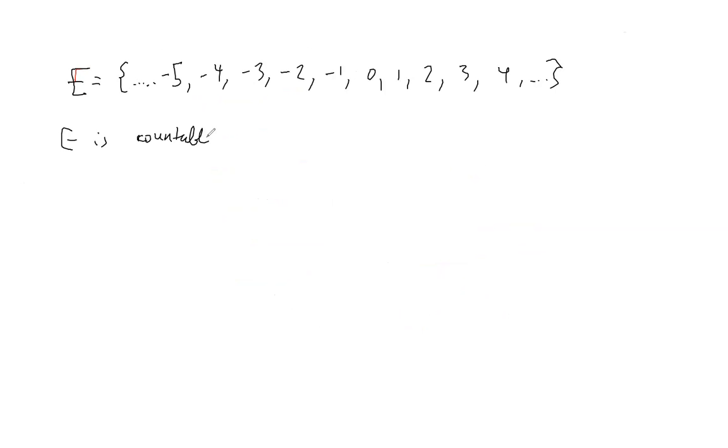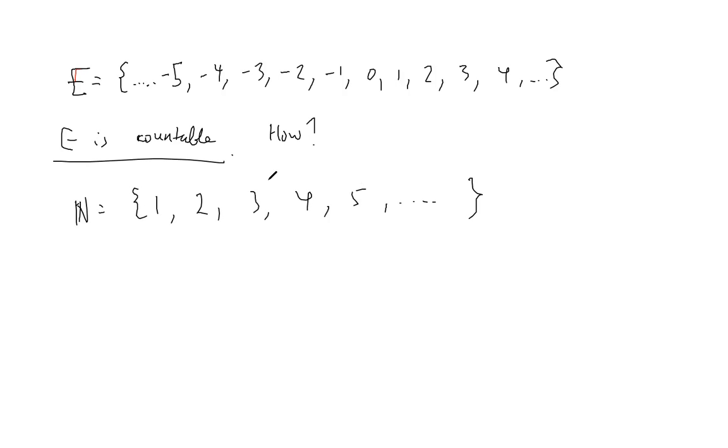How should you do the mapping? So your set of natural numbers is 1, 2, 3, 4, 5. How do you establish a one-to-one mapping here?